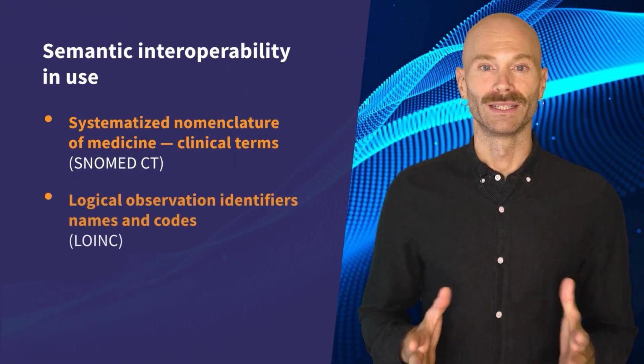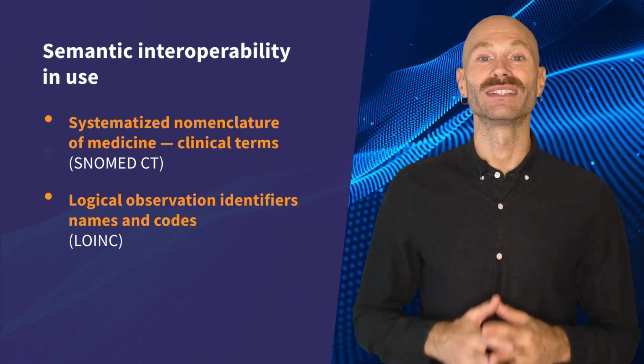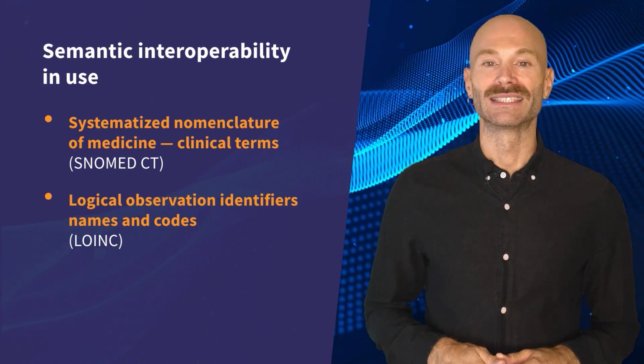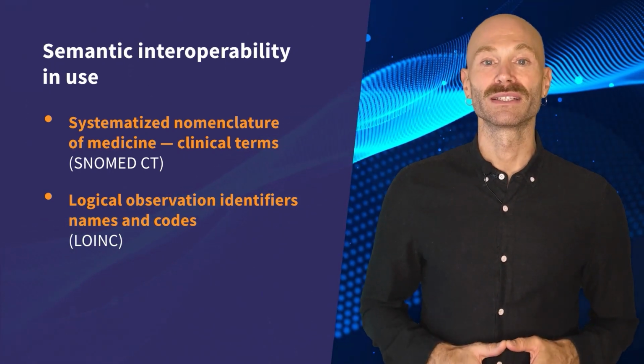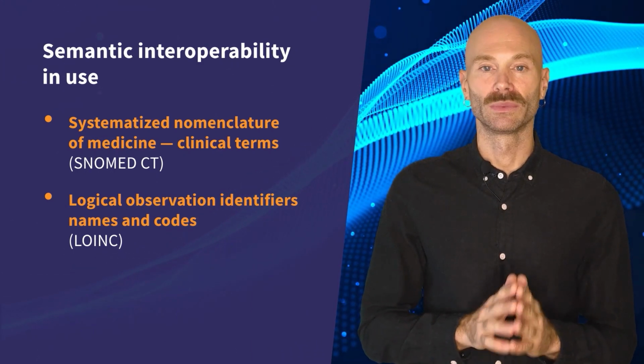And LOINC, which stands for Logical Observation Identifiers, Names and Codes, and is a database and universal standard for identifying medical laboratory observations. The use of these terminologies, combined with syntactic standards like those previously discussed, can ensure that healthcare data have a clear structure and unambiguous semantics among systems where data is shared.